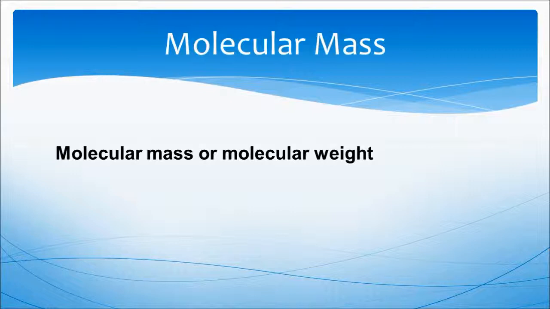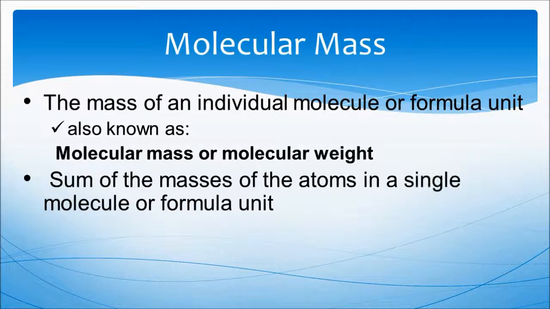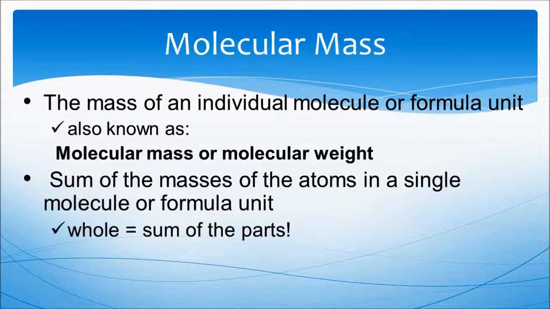Molecular mass, also called molecular weight, is the mass of an individual molecule or of its formula unit. The molecular mass of a compound is the sum of the masses of the atoms in a single molecule or formula unit.